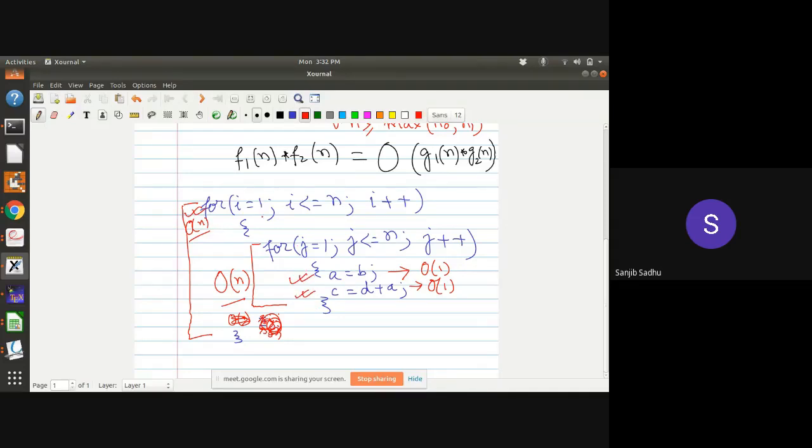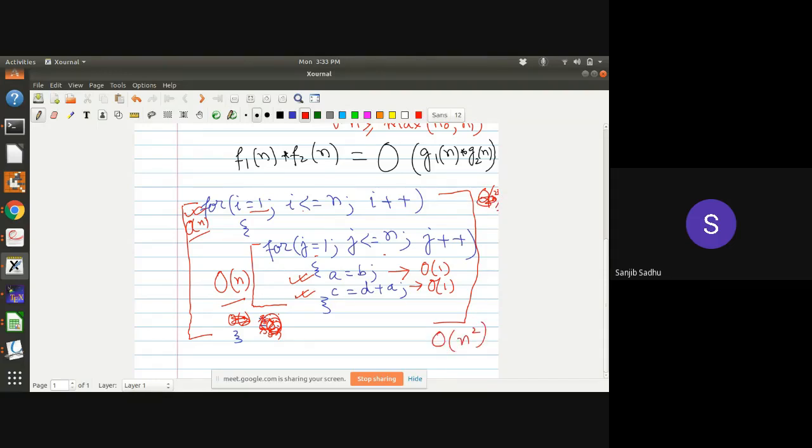For i equal to 1, this is n; for i equal to 2, this statement will again be executed n times. For i equal to 3, this will be executed n times, because j goes from 1 to n. So n like this n times, so n square. So overall time complexity will be big O of n square.